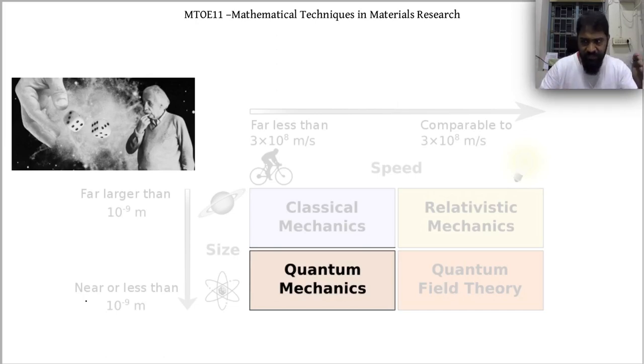All this is going to happen. These were well determined, well defined using mathematical formulation. But when your calculation involves quantum mechanics, you are going to rely on probability. That is the key distinction that separates all the other mathematical techniques in materials research from quantum mechanics.